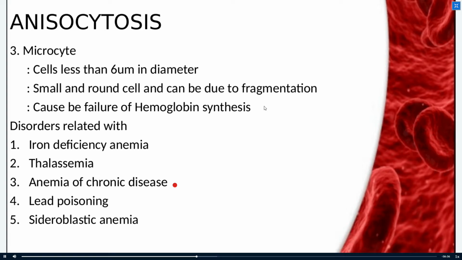Then we have your so-called anemia of chronic disease. So in this case, class, anemia of chronic disease could include the following disorders. You may be wondering, ano yung mga chronic disease, sir?